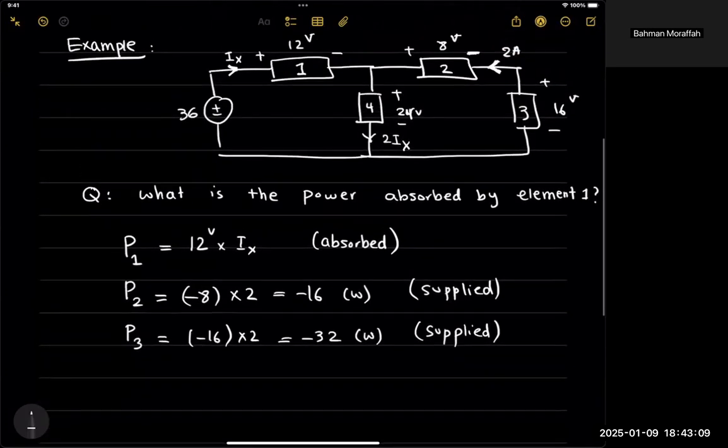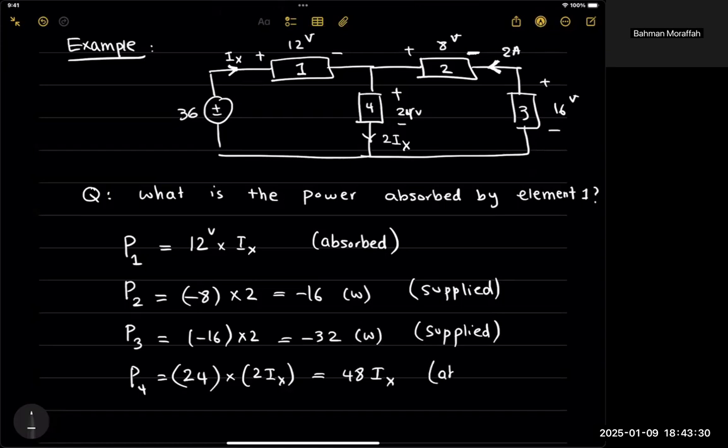How about P for element 4? That is VI. The current through it is 2 times Ix. It's hitting the positive sign first, so it's 24 times 2Ix, which is 48 Ix. And we know it's absorbed.